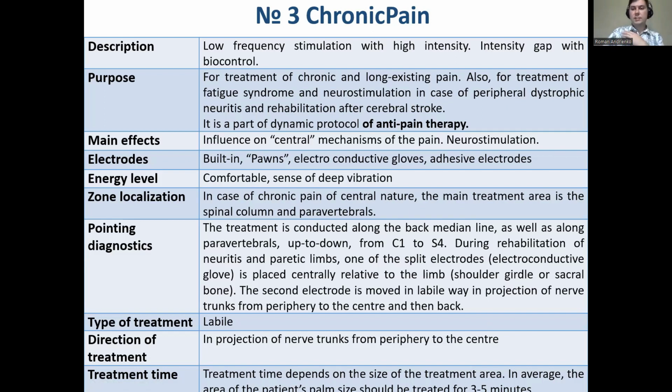So that means that one is placed centrally on the limb and another one is moved on the limb from periphery to the center. Labile type of treatment, and the direction is used only when we're addressing the limbs directly, the paretic limbs. And the treatment time depends on the size, but again, 3-5 minutes for the patient's palm.